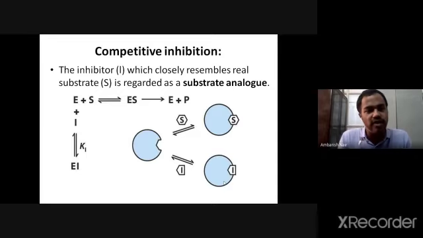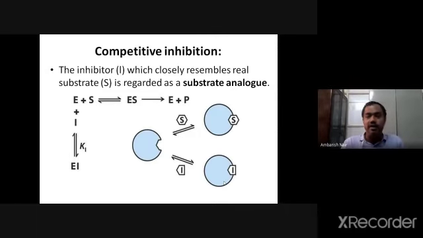Bacteria have enzymes, and they use those enzymes to survive in a human system. If you use a competitive inhibitor as a drug, the drug will go inside the bacterial cell and inhibit those enzymes which are vital for its survival. So the bacteria cannot cause any further disease in us. So we can cure our disease by using a competitive inhibitor.